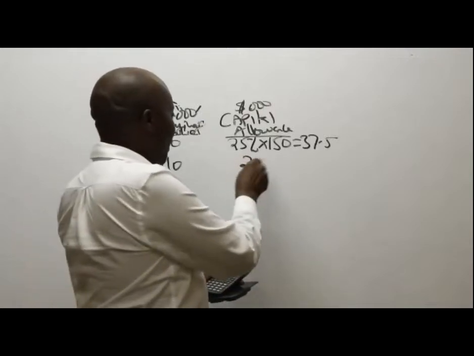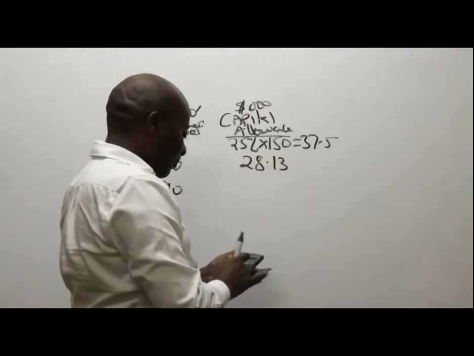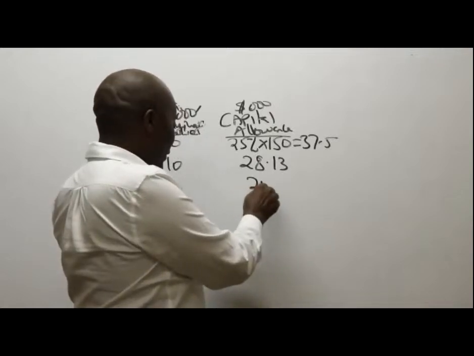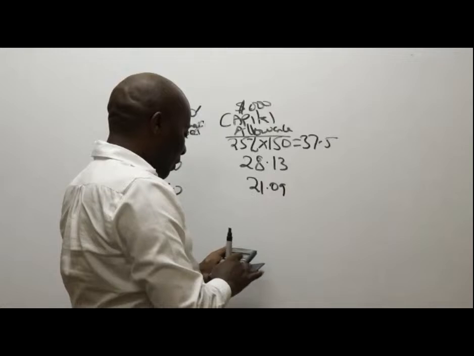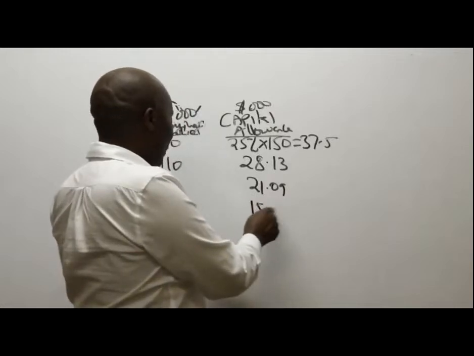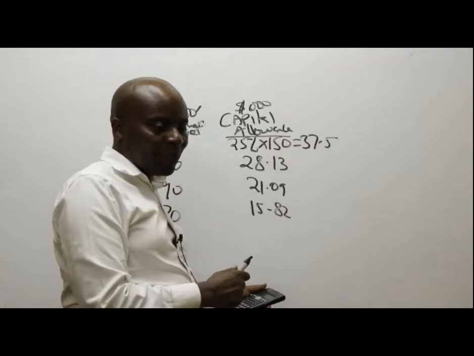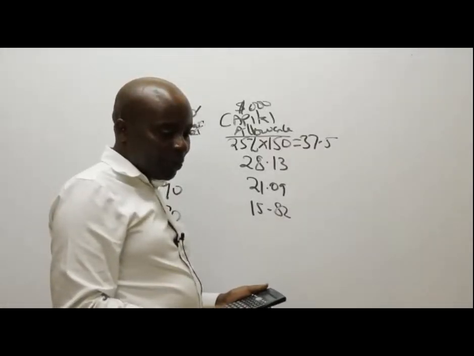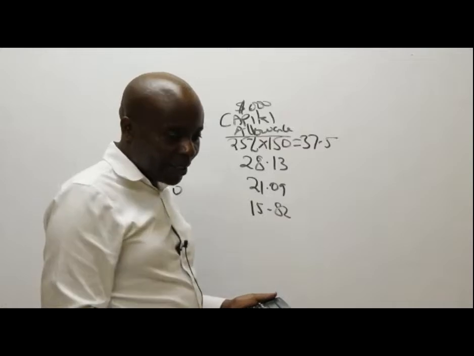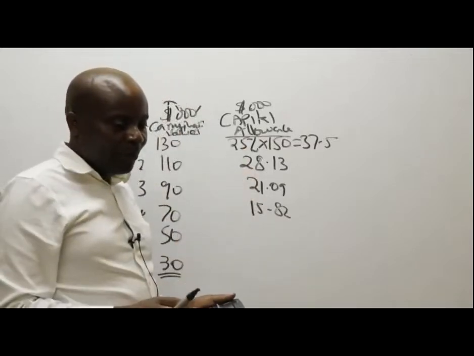I have here 28.13, I have here 21.09, I have here 15.82. Is there somebody who is able to see these figures, or you guys are seeing dust? Is there somebody who is able to do them as fast as I'm doing them?